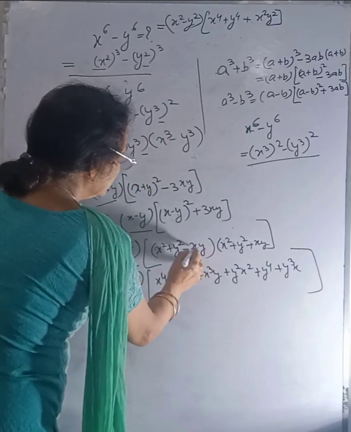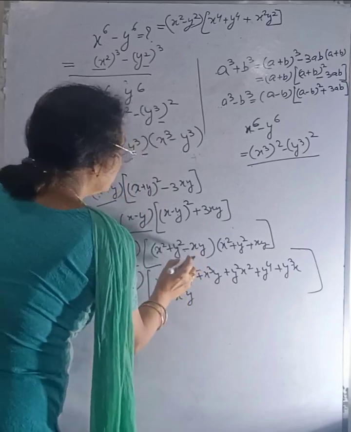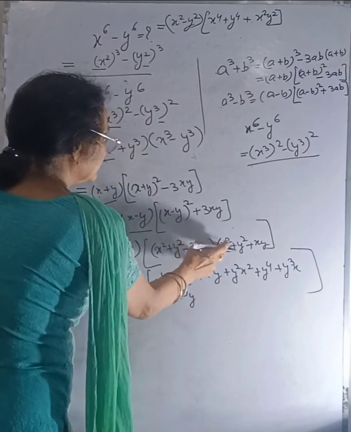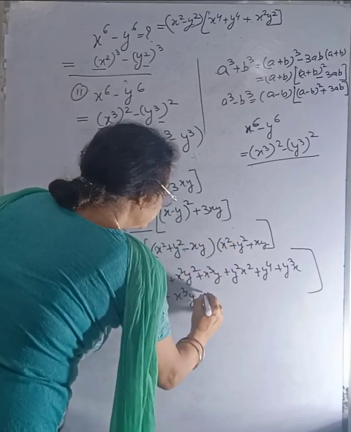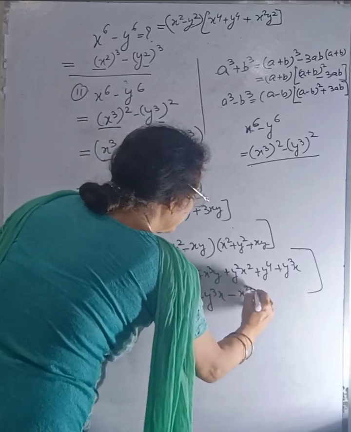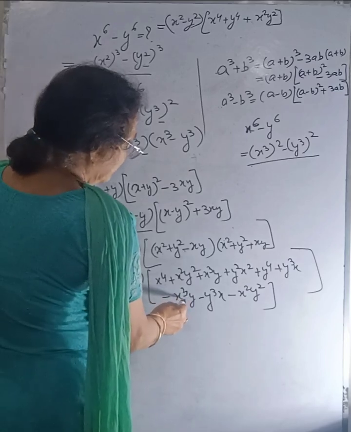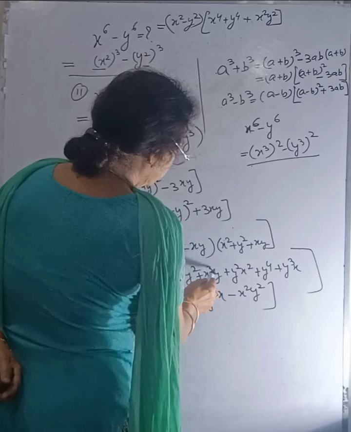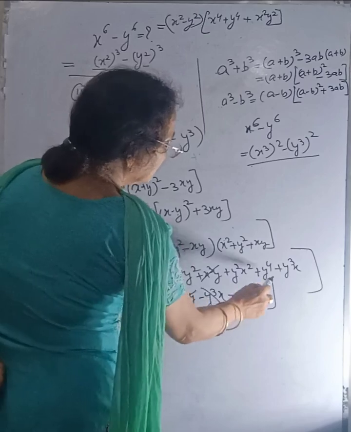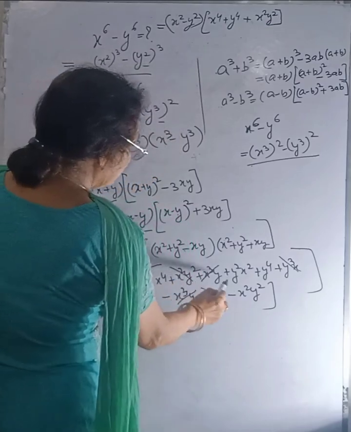Not minus x, minus x is going here. Minus x square y square, minus x cube y, minus y cube x, minus x square y square. Correct? Now this x cube y and this x cube y get cancelled. This y cube x and this y cube x get cancelled. This x square y square and this x square y square get cancelled.